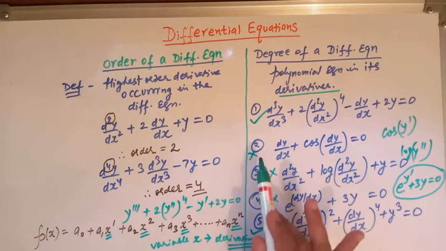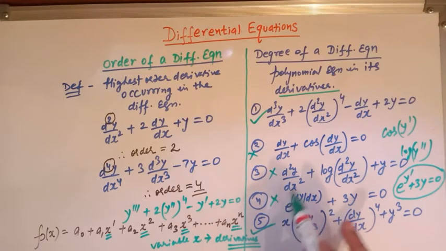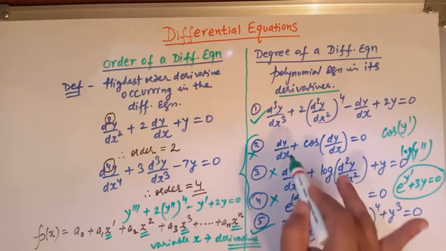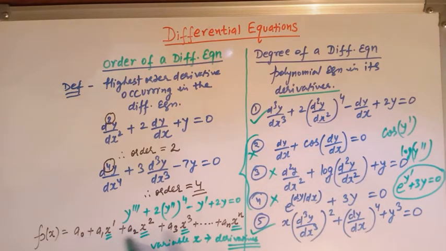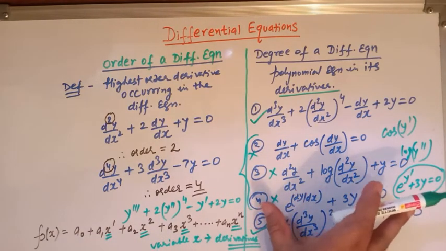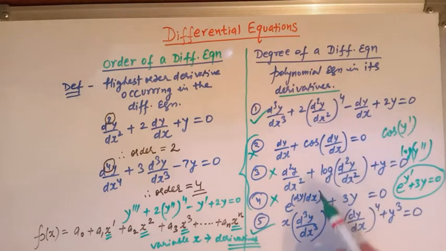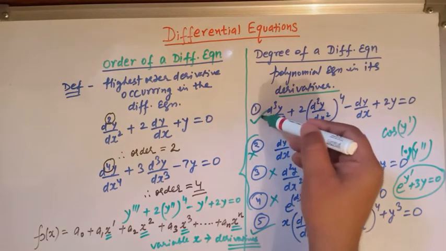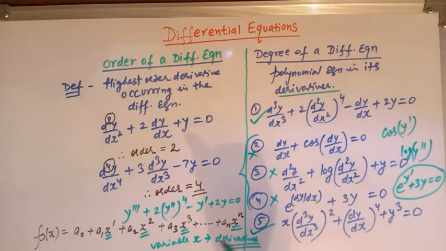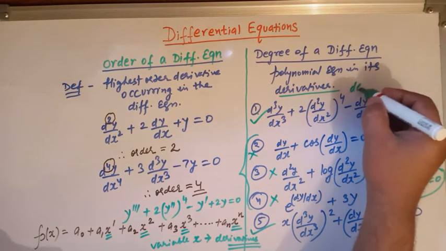So we see that in 2, 3 and 4 these equations are not of this form in the derivatives, but equations 1 and 5 are polynomial equations in their derivatives. Clear? So therefore in cases 1 and 5 the degree is defined.